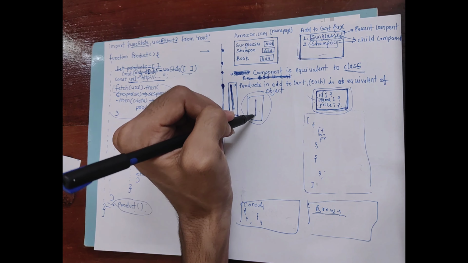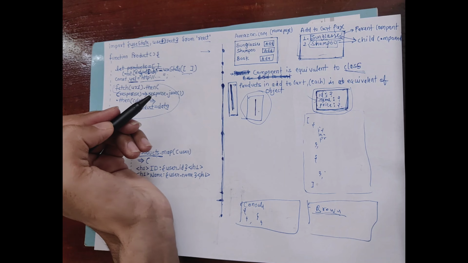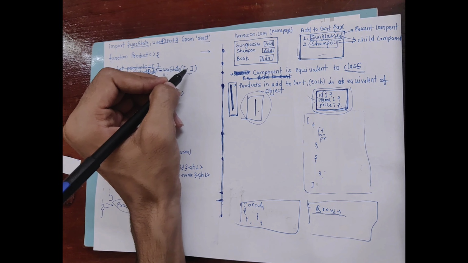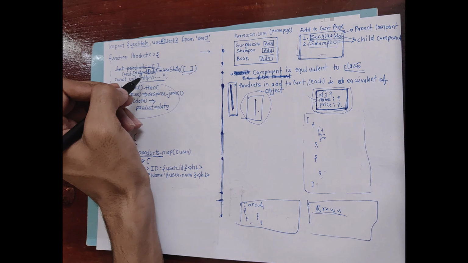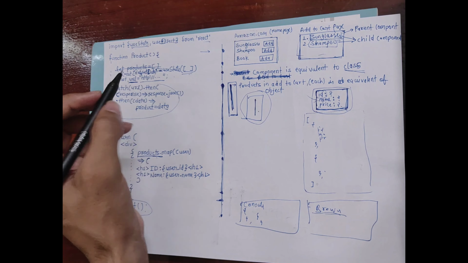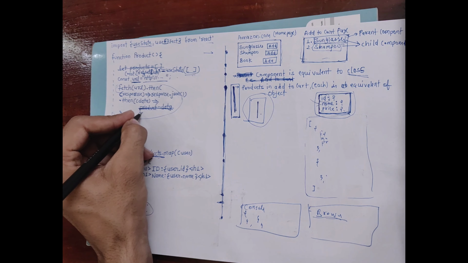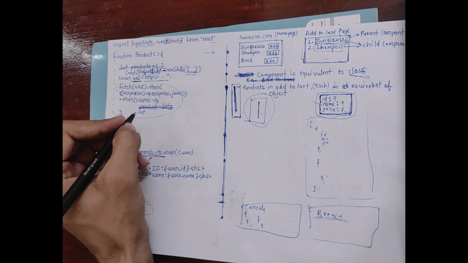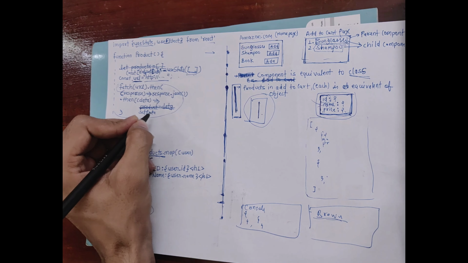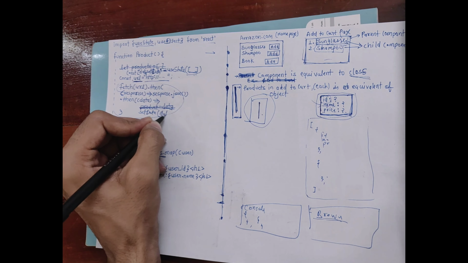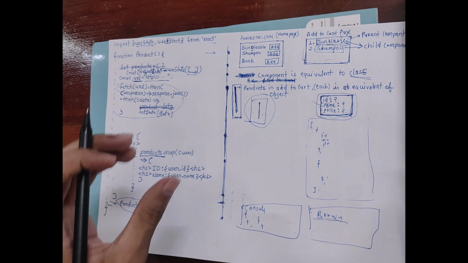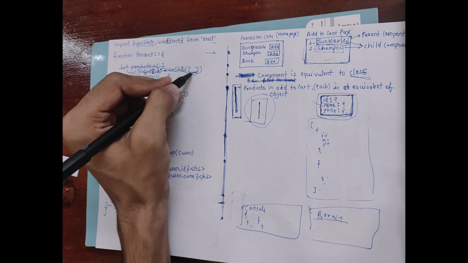Now see, when you fetch the data, initially it was empty, but in the end we need to set it, because the array is initially empty. We need to set the data.